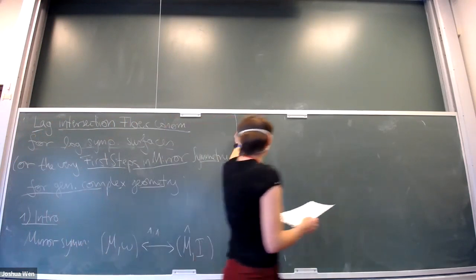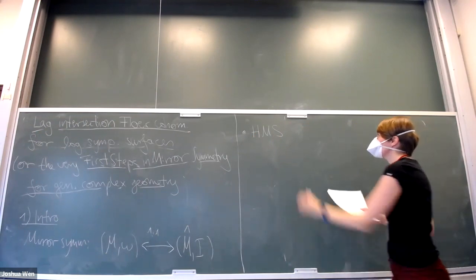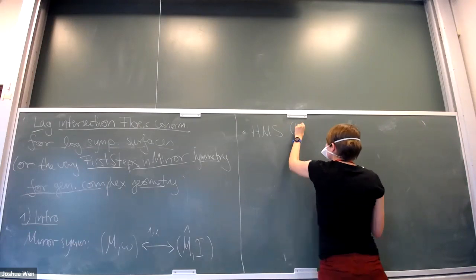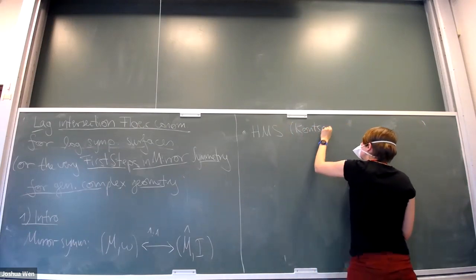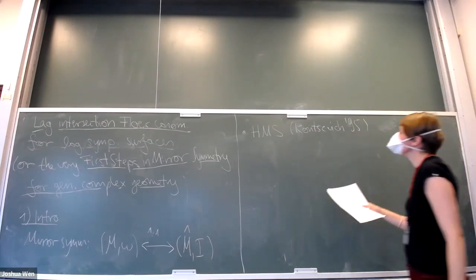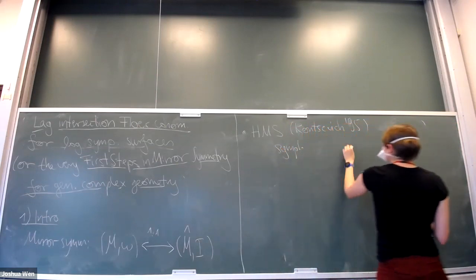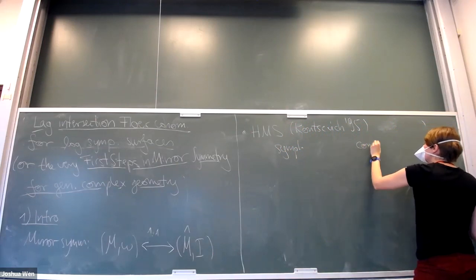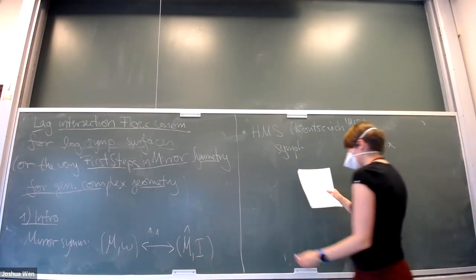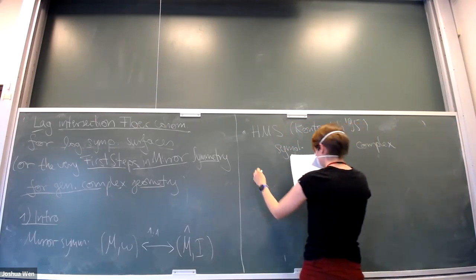And so one of the mathematical approaches to mirror symmetry that's certainly very popular today is homological mirror symmetry, or HMS, which is due to Kontsevich. Famous work from 1994. And the idea here is again to relate the symplectic geometry of one manifold to the complex geometry of another manifold, and in this case by establishing an equivalence of A-infinity categories.